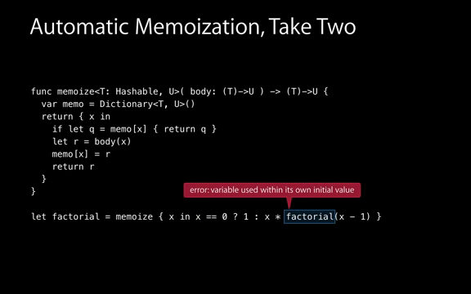Ready for take two? I'm going to warn you in advance that this is a little bit mind-blowing, okay? If your mind's not already blown. So let's just have memoize pass factorial as an argument to its own body. Right? Okay, but stick with me.